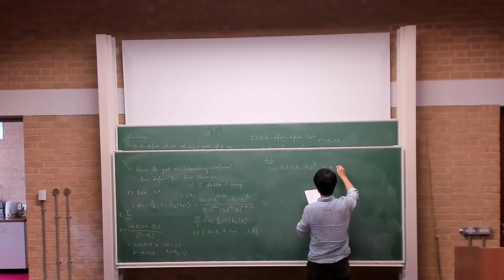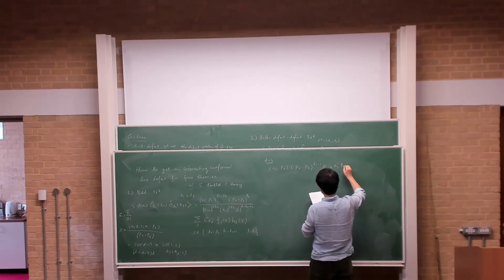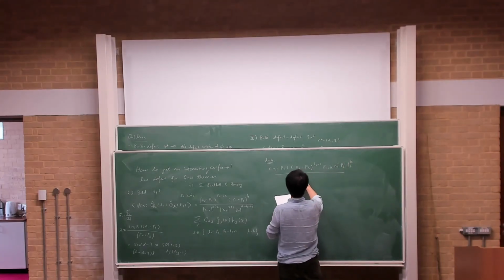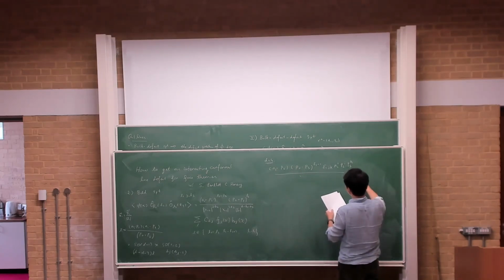I will just write it for completeness, but actually during this analysis later, I will not really use this part. And then the conformal structures, and as well the conformal blocks.